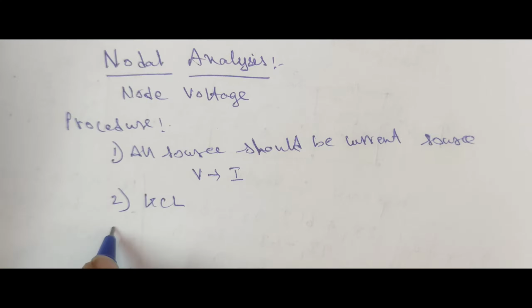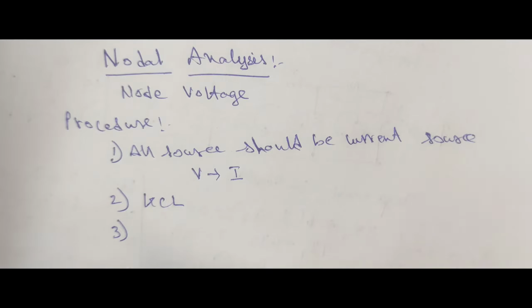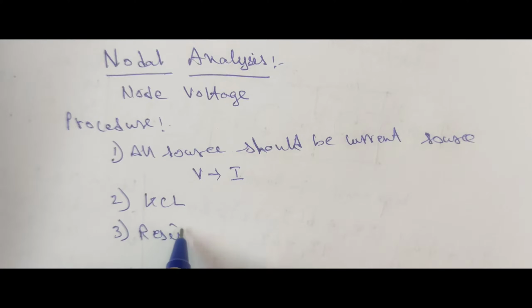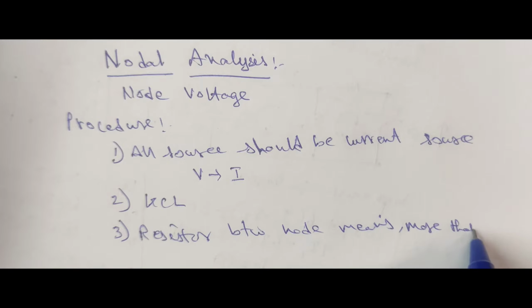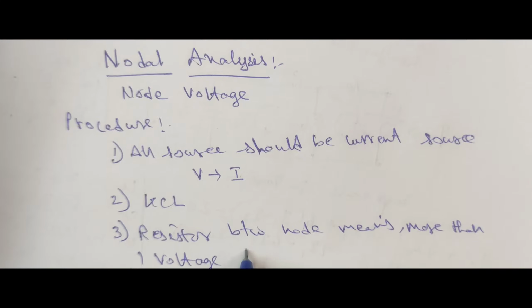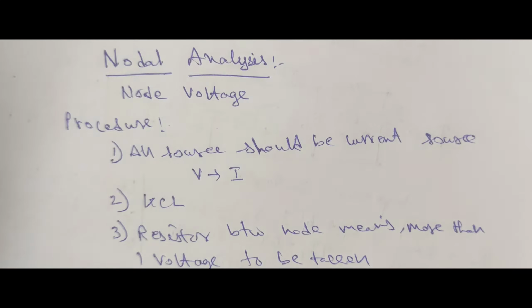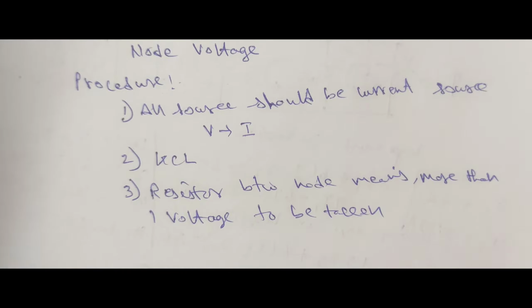And the third one, when you have a resistor between nodes, it means more than one voltage is to be taken.